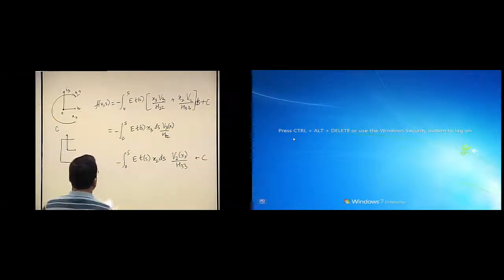So this term is referred to as Q2 of S, because that integral is dependent on S, but this factor is constant, won't change with S. And then this integral is defined as Q3 of S. And c is the integration constant.